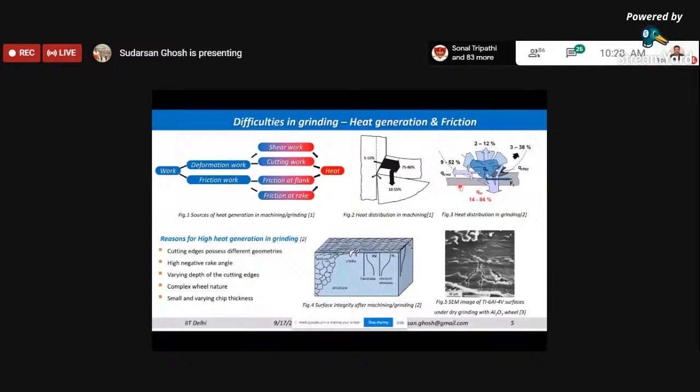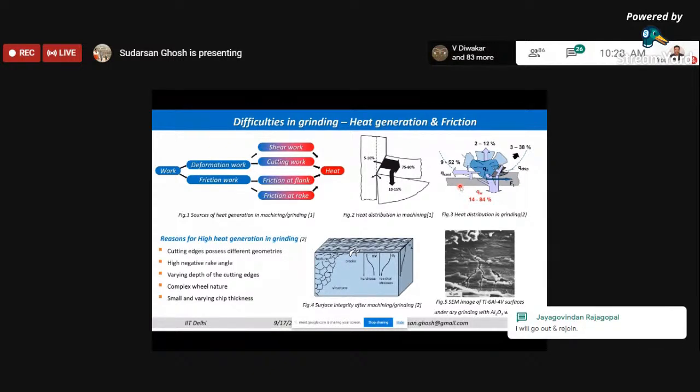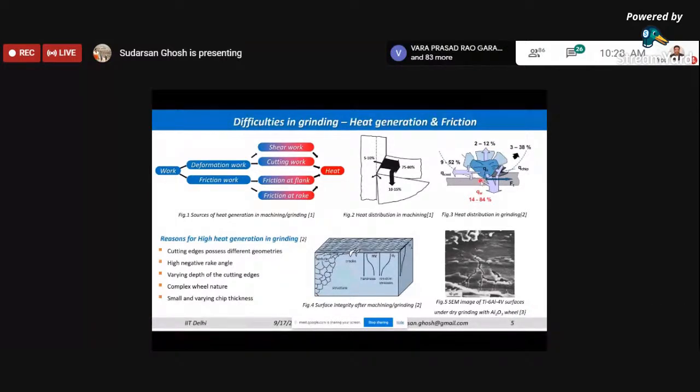So the top surface temperature is high, but as we go inside, the temperature reduces. So the top surface tries to stretch out, but the bottom surface is not stretching that much. And this results in tensile residual stress within your work material. So this tensile residual stress remains. This is a type of hidden stress also. So it remains within the work material even after the grinding process.